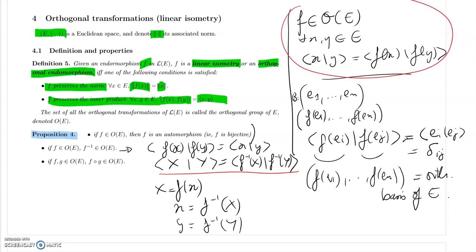It's also an isometry, it preserves the scalar product. Okay, next one. This is just that if you have two orthogonal transformations, then their composition is also an orthogonal transformation. Maybe I'll let you play with those kinds of writings alone. It's really not complicated. Try to do it by yourselves. So pause on that.